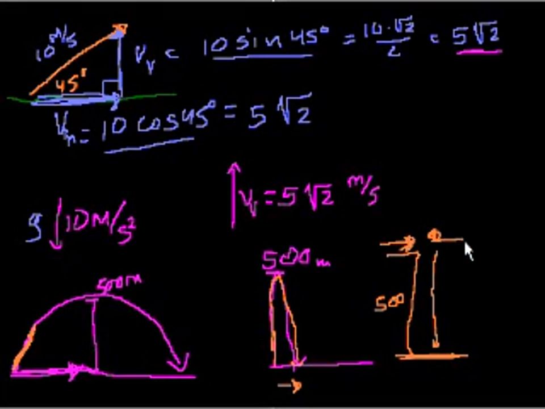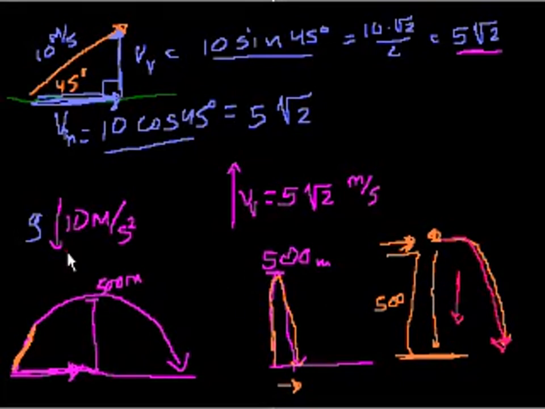So the second ball moves along the horizontal axis the whole time, to the right while it's falling. Let me draw the second ball in magenta. The second magenta ball is going to take the same amount of time to hit the ground, because its vertical velocity at any given time, its velocity in the downward direction, is going to be the exact same. And that's because gravity is only pulling in the downward direction.